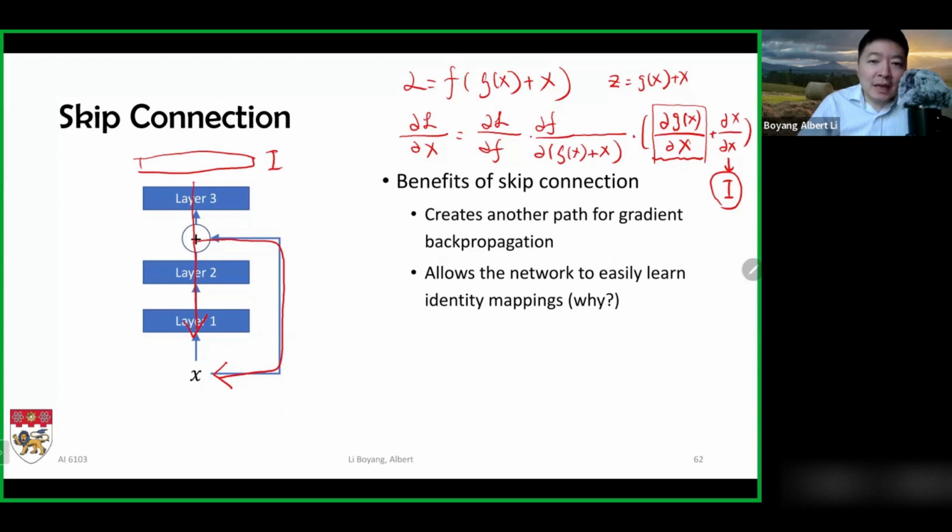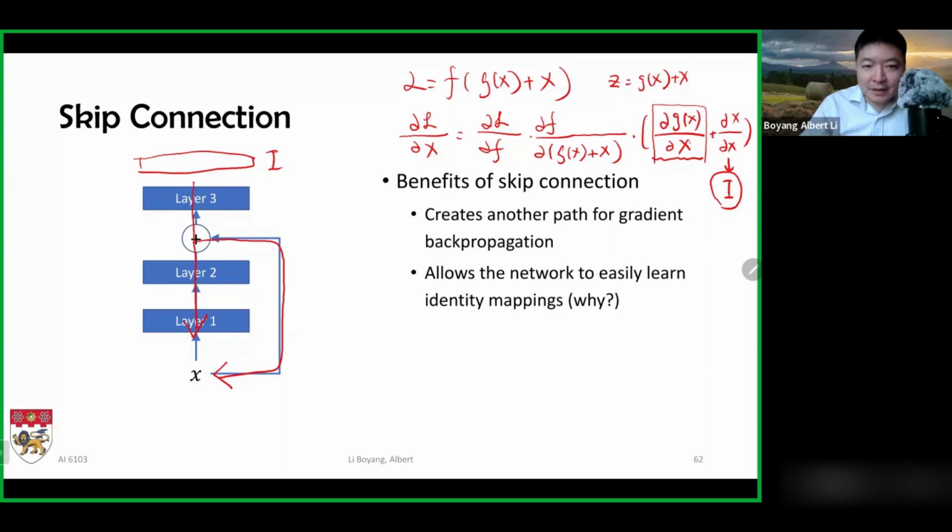However, that is not the case that we observe when we train these networks, right? So the explanation of that is somehow the network wasn't able to learn identity mappings very easily, okay? And the skip connection kind of allows that, okay?